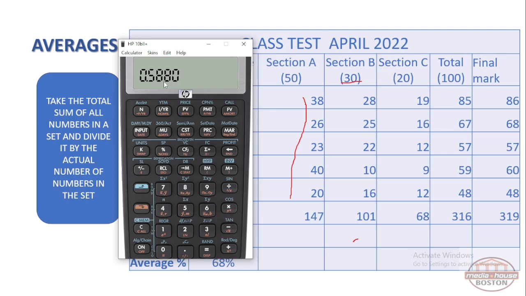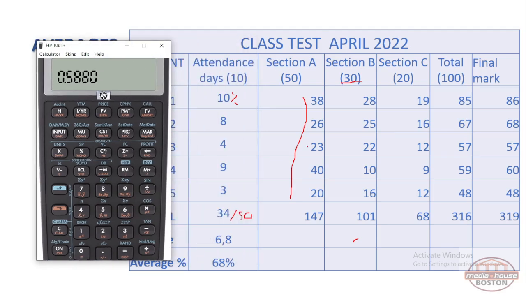If I round it to the nearest percentage, that will be 59%. And since I want the average based on the information provided, I'll look in terms of the base. Everything is out of 50, so I'll just multiply this by 50. Then it will give me the average becoming 29.4. So that is in terms of average.